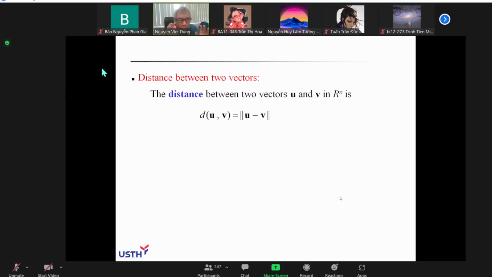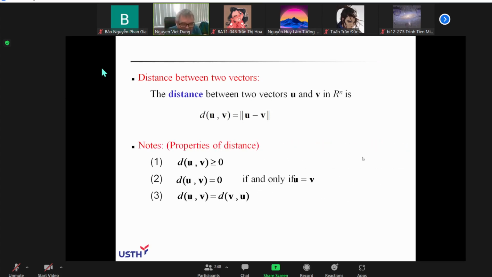Next, you can define the distance between two vectors. Suppose that you are given two vectors u and v inside Rn. Then the distance between u and v is defined to be the length of u minus v. Again, we have properties of distance.